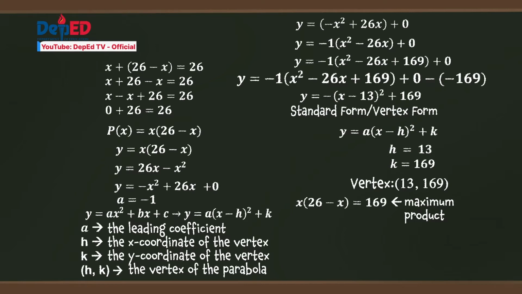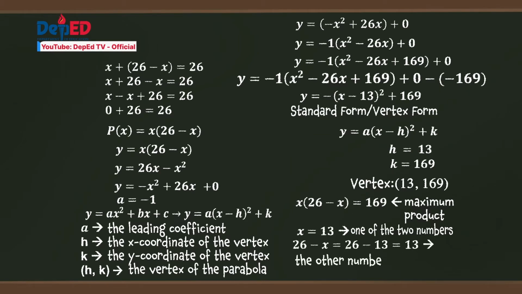Since the maximum product is obtained when x is equal to 13, 13 is one of the two numbers. By substitution, the other number, 26 minus x, is equal to 26 minus 13, in which the result is 13. So, it appears that the two numbers whose sum is 26 and whose product is the maximum are just the same.